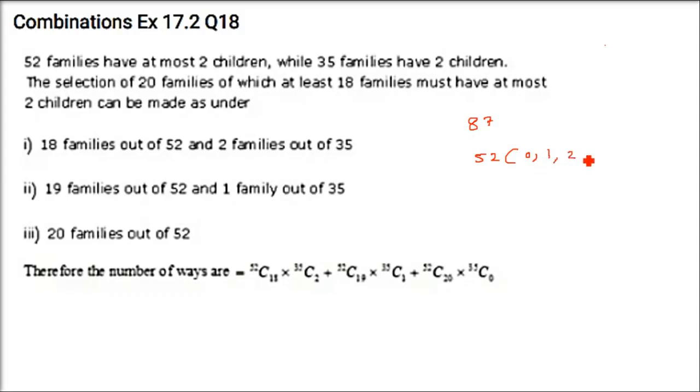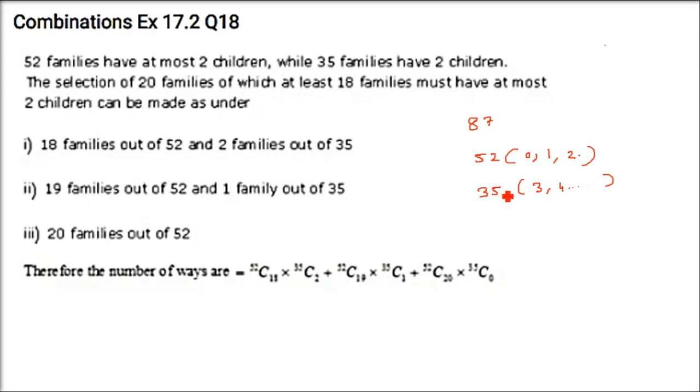It cannot have more than that. So how many remaining are there? 35 are remaining. Now here it can have more than 2: 3, 4, 5, and it can go up to any number.